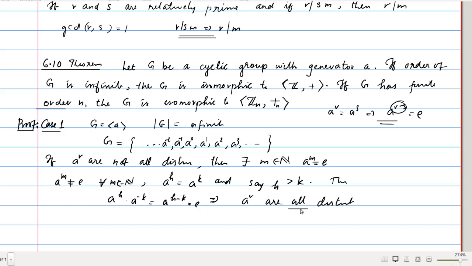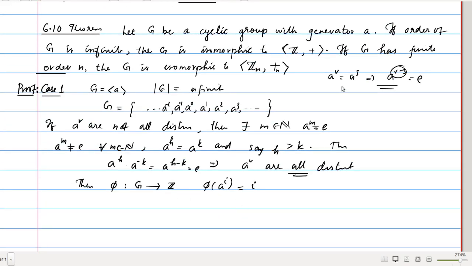Then this enables us to define a new map phi from G to Z, where Z is the set of all integers, given by phi of A raised to I is equal to I. So this defines a one-one onto function.